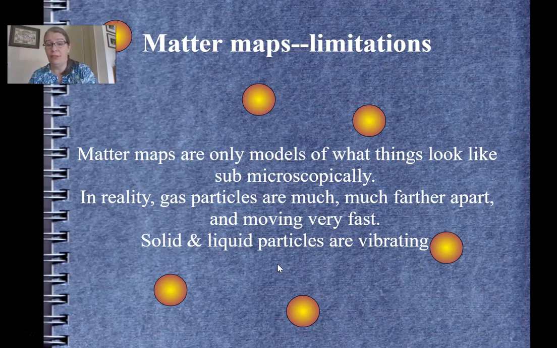I know right after they were running, but all I have is my one still snapshot. So with a matter map, it's just like a snapshot. It's one instantaneous second. These particles should also be moving, and in gas particles, they should be moving really fast. And even in a solid and liquid, the particles are still moving, but I can't really demonstrate that with a particle diagram.